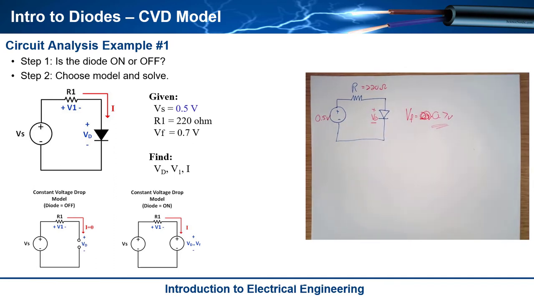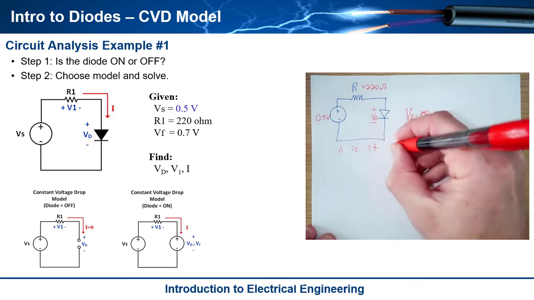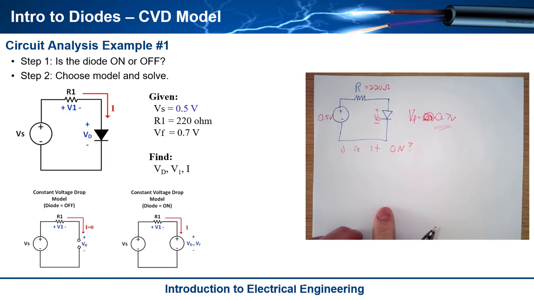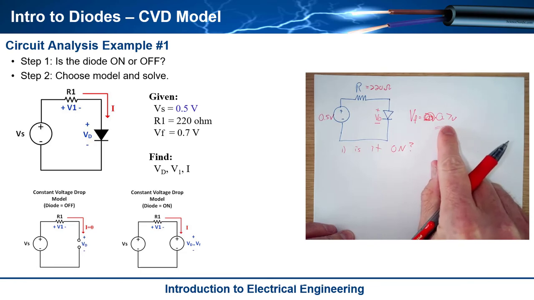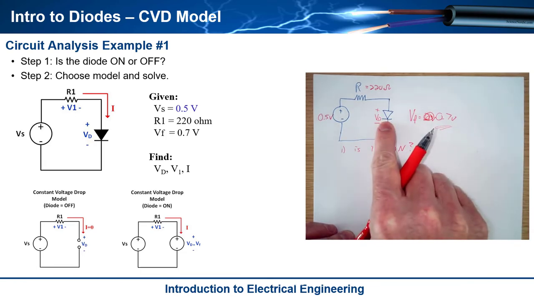First question: is it on? Here's the whole thing about it. You have to have a voltage across the diode that is equal or greater than 0.7, which is the forward voltage. That's when it turns on.